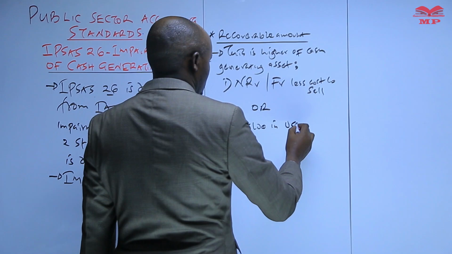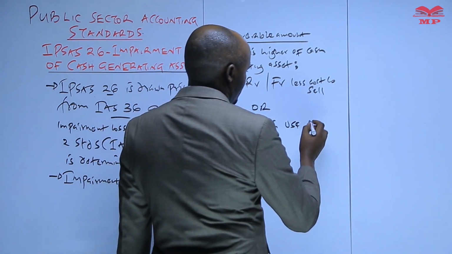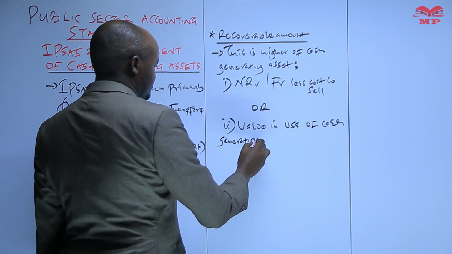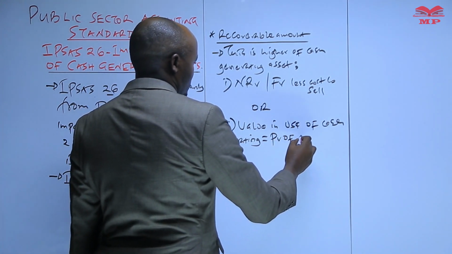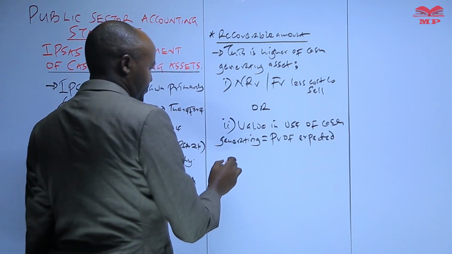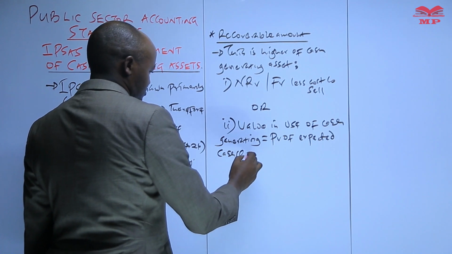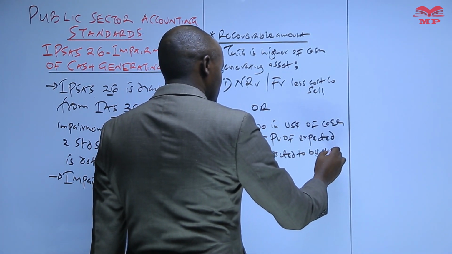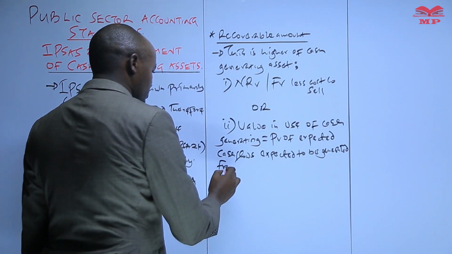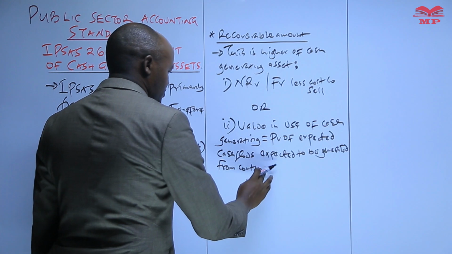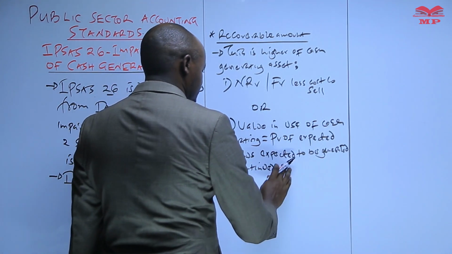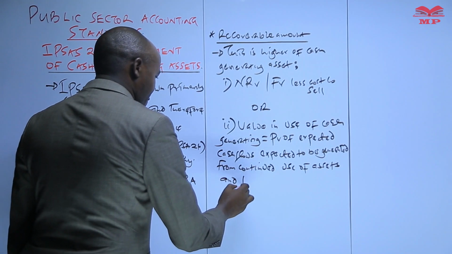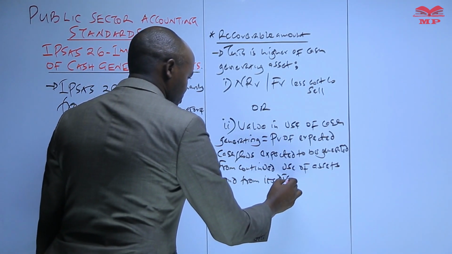In this case, when we talk about the value in use of a cash generating asset, this is equal to the present value of the expected cash flows to be generated from continued use of the asset, and from its disposal.